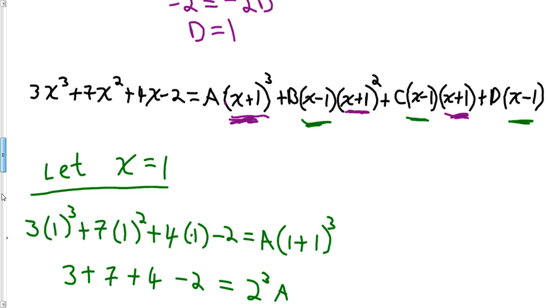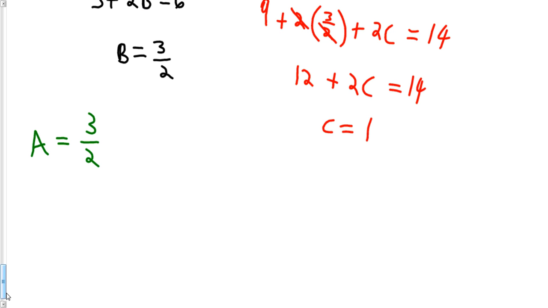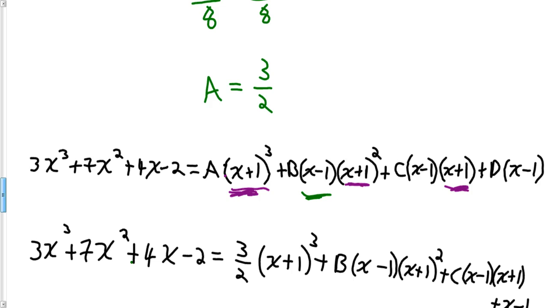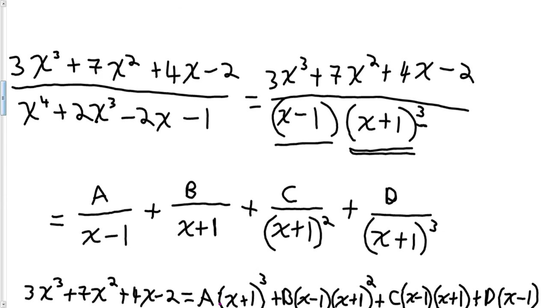So d is equal to 1. So there we have everything we need. We found all the numerators. Now it's time to plug them all in to our partial fraction decomposition that was proposed in the beginning, and we will have the final answer here.